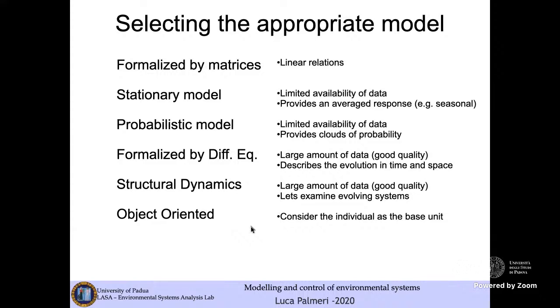So the choice of a stationary model or not is linked to the selection of the appropriate temporal scale. Then, in the case of limited availability of data, in which we describe our observations through clouds of probability, we are probably happy if we build a probabilistic model.